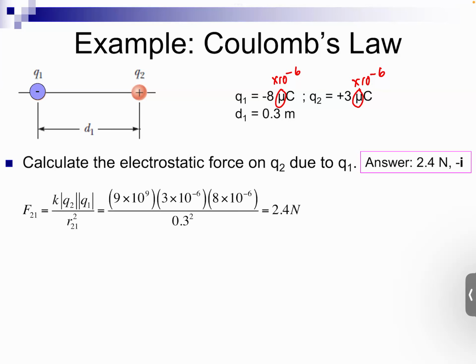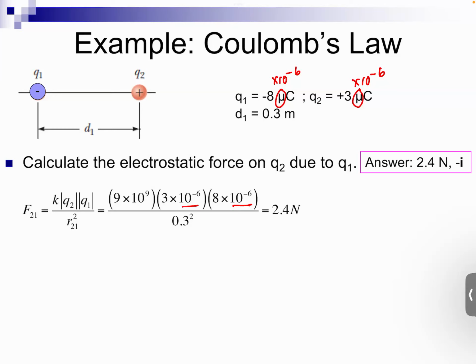The way to do this is to use Coulomb's law, k Q1 Q2 over r squared, to find the magnitudes. k is just a constant number. Q1 is the charge. Again, remember there's a times 10 to the minus 6 because the charge is given in microcoulombs.